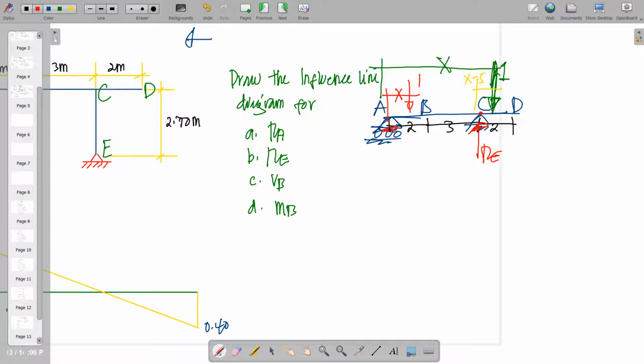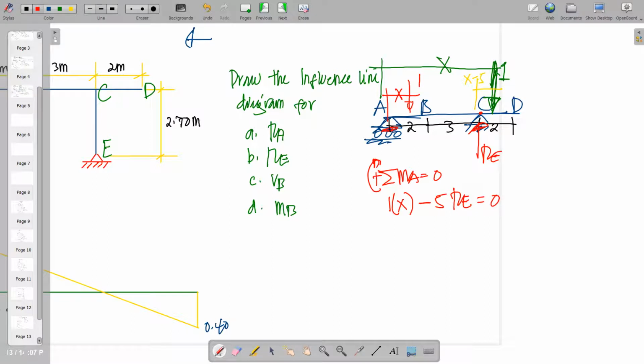So this time we have summation of moments at A equal to 0. So having that one, we have clockwise 1 by x, another clockwise, minus 5 RE is equal to 0.